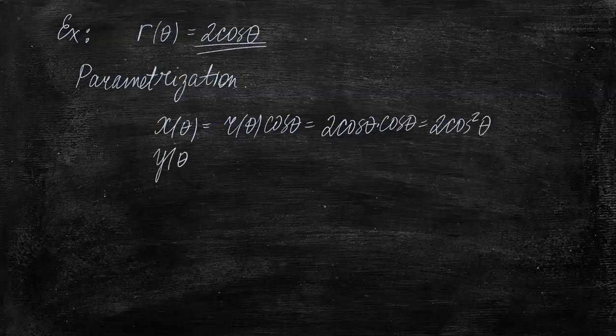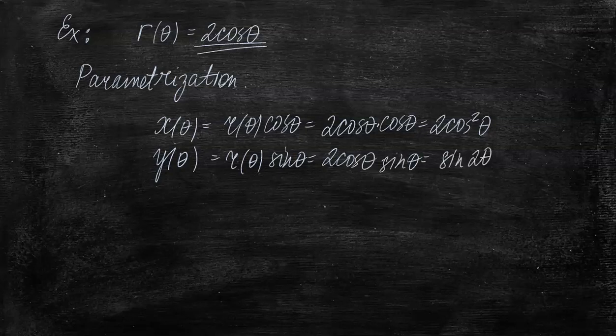And similarly, y(theta) will be r(theta) times sine theta. And we can write it as sine of 2 theta. And what we have now is a parametrization of the curve.